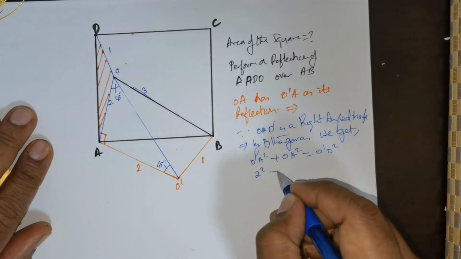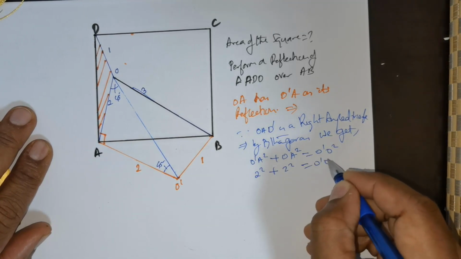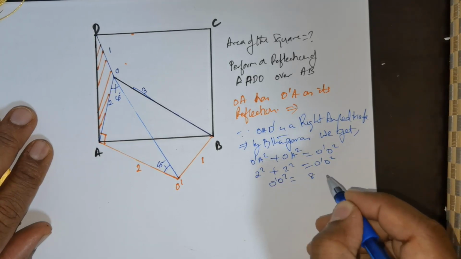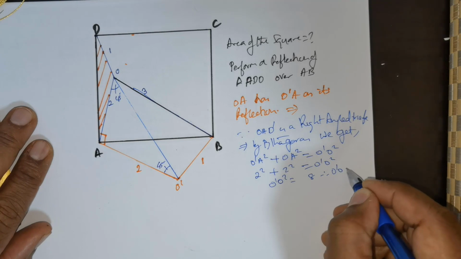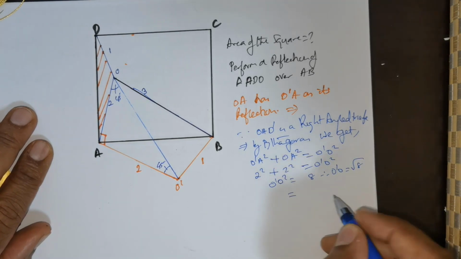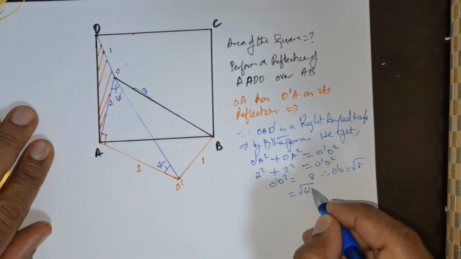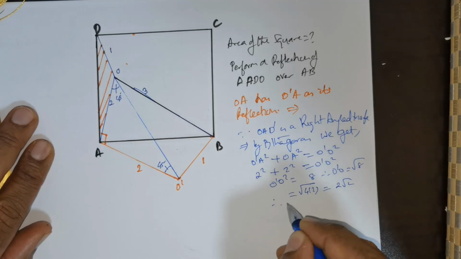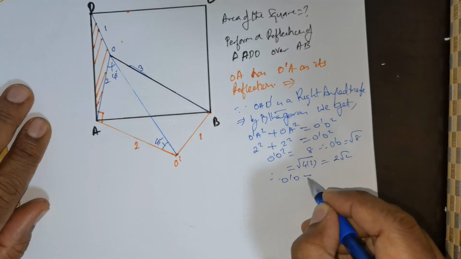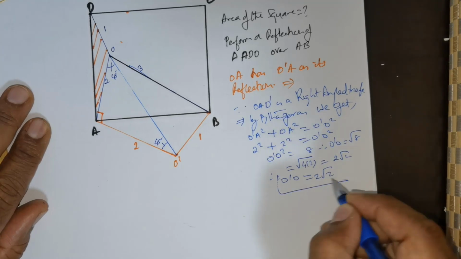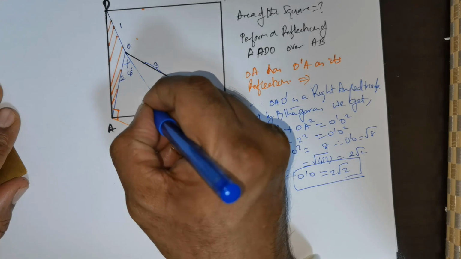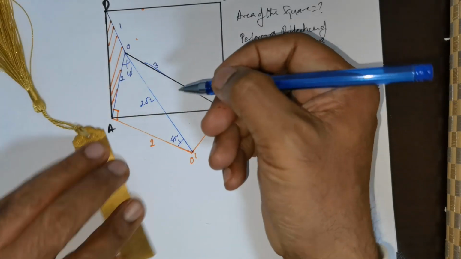This is 2 squared, this is 2 squared, so O dash O squared is equal to 4 plus 4, 8. So therefore O dash O is root of 8. Root of 8 can be written as 4 times 2, which is nothing but 2 times root of 2. That's a good value. So this is 2 into root 2.